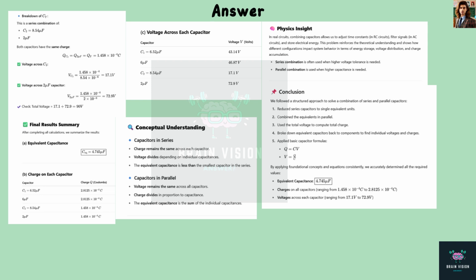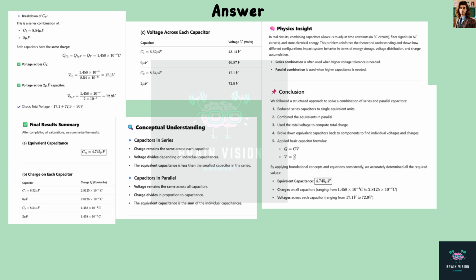Final results summary. After completing all calculations, we summarize the results. A. Equivalent capacitance equals 4.745 µF. B. Charge on each capacitor. C1 equals 6.52 µF, with charge 2.8125 times 10 to the minus 4 C. C2 equals 8.54 µF, with charge 1.458 times 10 to the minus 4 C. C. Voltage across each capacitor.